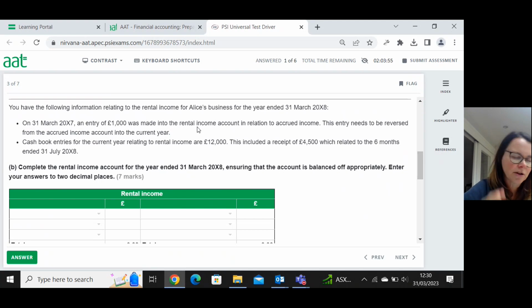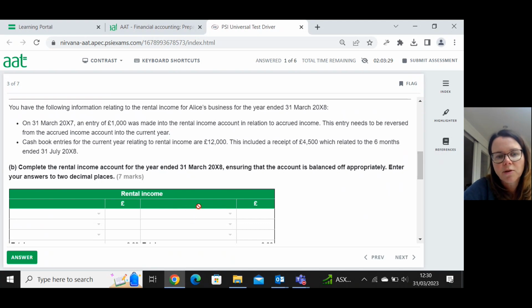Right, so you can do this by all sorts of methods, but I would be thinking about it logically. So accrued income means that someone, in this case the tenant, owes me some money that they hadn't yet paid. If that was accrued at the end of last year, we would have brought that in as extra income in the previous year.